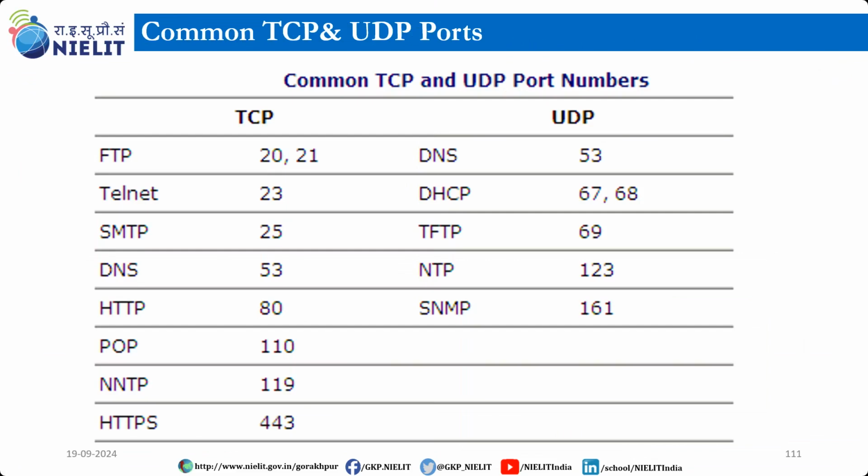If you want to block all outgoing requests to port number 69 from the internal network to the WAN, then you have to block the outgoing request. If you want to block all the requests coming from 69 to the internal network on any port, then accordingly you have to make a rule. So it depends on the scenario, why you are going to block this port, what is the reason.